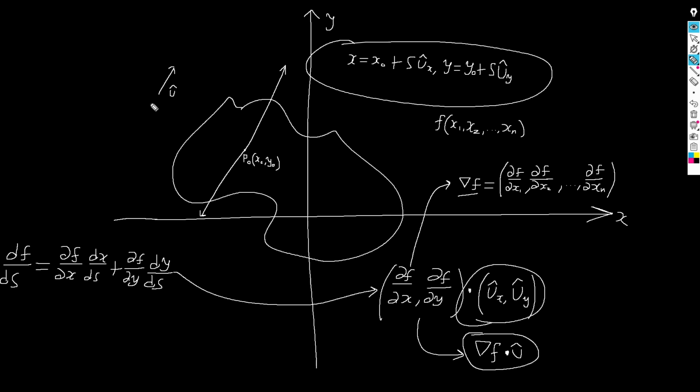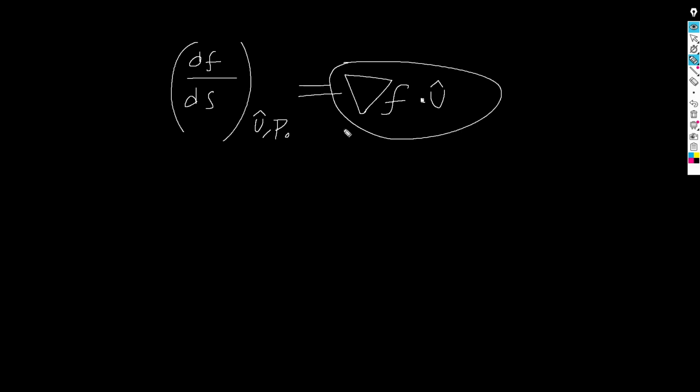Using this and this, we can replace both of these with this dot product now. So finally, we get a really simple way to compute directional derivatives with this dot product, instead of having to do all that freaking limit stuff.